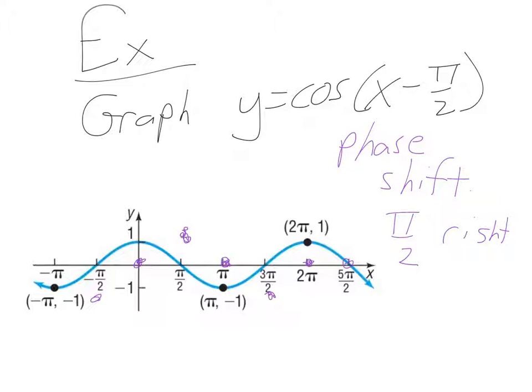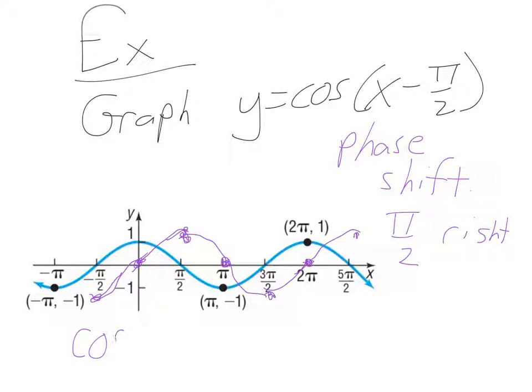And this point here where it's equal to 1 at 2 pi would now be equal to 1 at 5 pi over 2. So if you connect these points, you'll notice this looks like the sine graph.